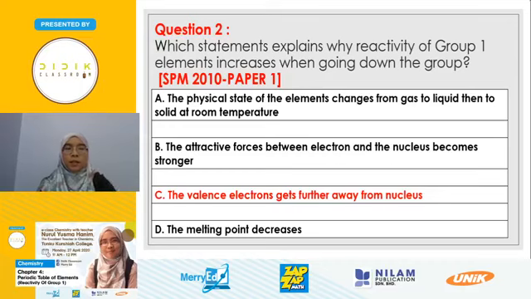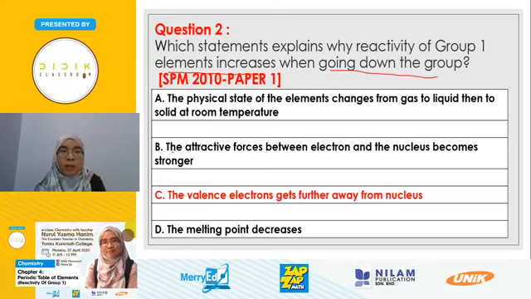The answer is C. Because the question asks which statement explains why reactivity increases when going down the group. A and D totally don't make sense because they have nothing to do with the explanation of reactivity. So B and C might confuse you.